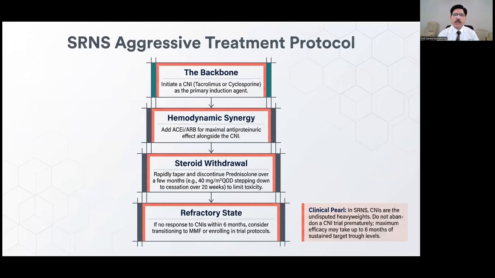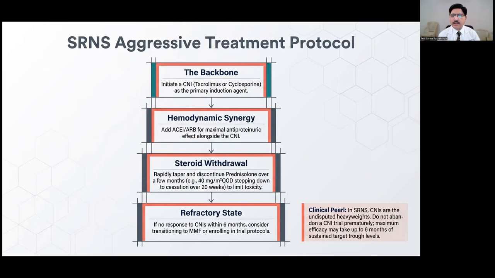Then hemodynamic synergy: ACE inhibitor, ARB for maximal antiproteinuric effect along with the CNI treatment. Steroid withdrawal: rapidly taper and discontinue prednisolone to limit toxicity. Refractory state: no response to CNI within 6 months is double resistant to both steroid as well as CNI. Then what do I have? I still have MMF, and I can enroll him in rituximab and other trials.